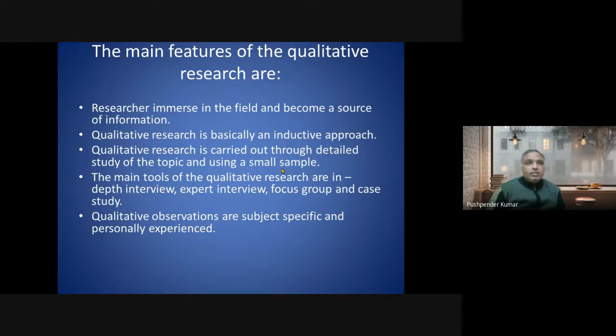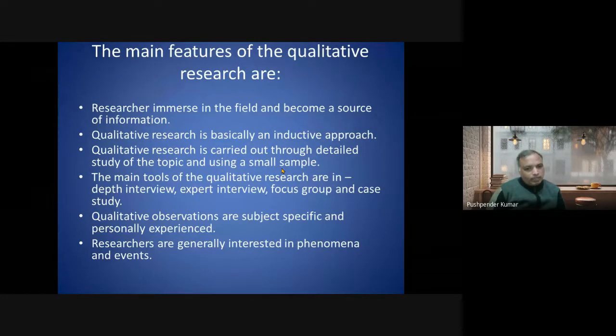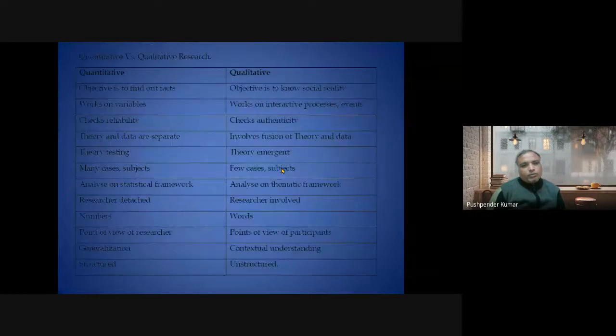So is it the same in USA? Is it the same in Japan? Or is it the same in China? So it varies from country to country, culture to culture, people to people, but the basic phenomena remain the same, but the application or understanding of that may vary from person to person, country to country, culture to culture. So researchers are generally interested in phenomena and events. What is this actually I want to understand?